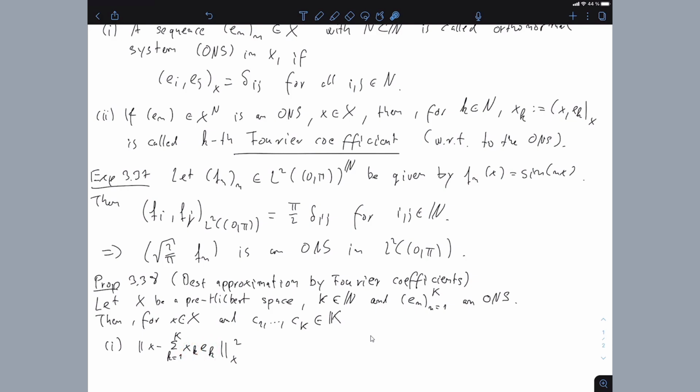It tells us how well this finite linear combination approximates our starting object. And this difference is the norm of x minus the size of the coefficients.